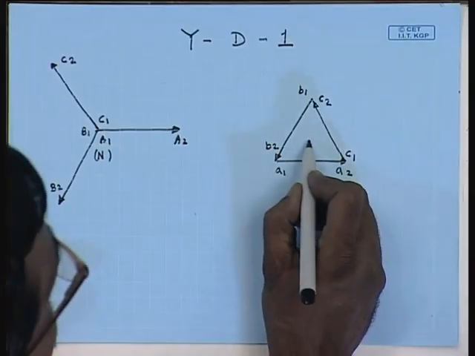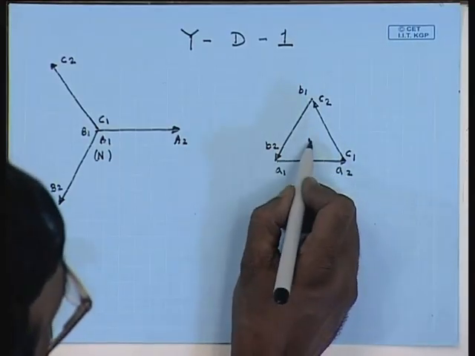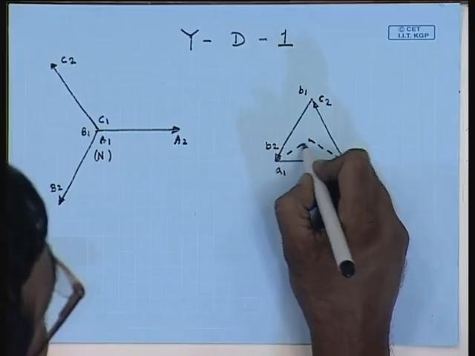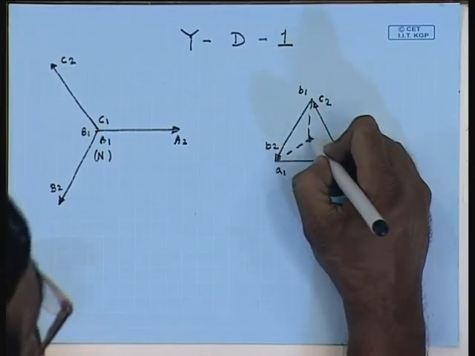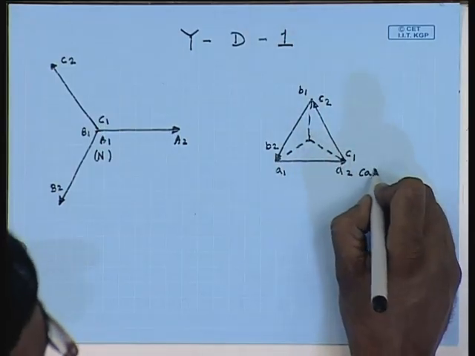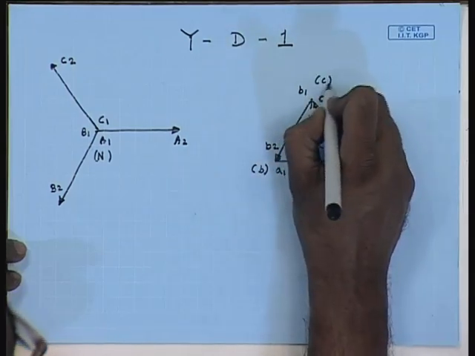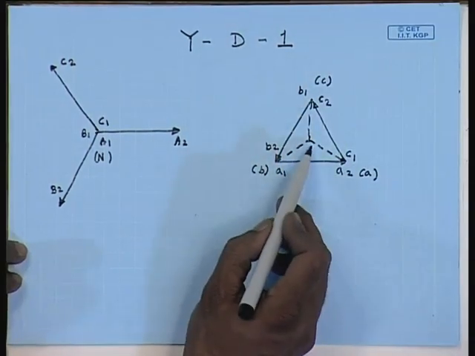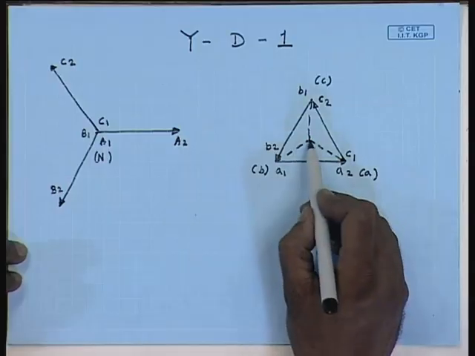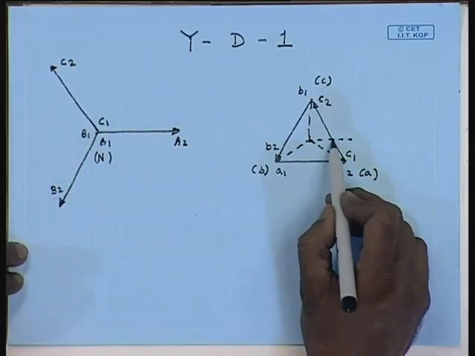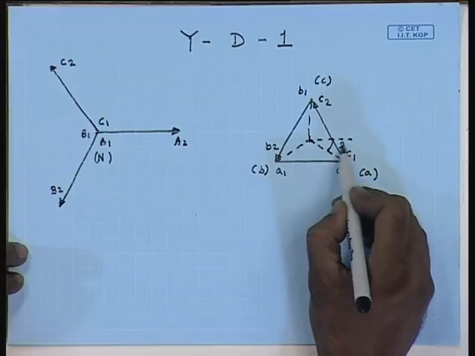Hence, calling this terminal A, this terminal B, this terminal C, we see that the line to neutral voltage on the low voltage side lags the line to neutral voltage of the high voltage side by an angle of 30 degree.